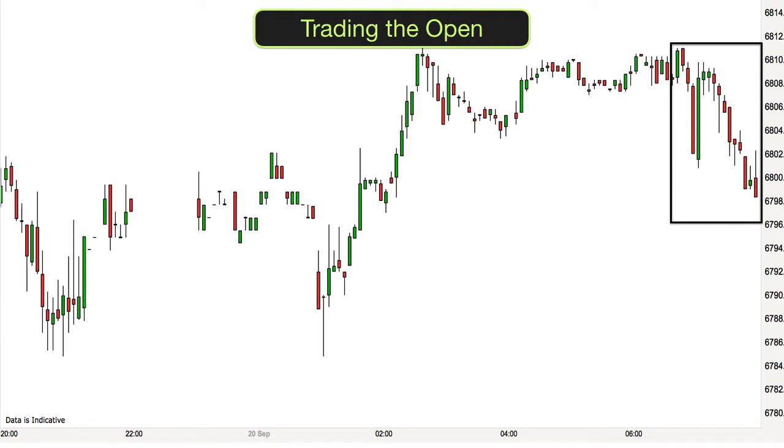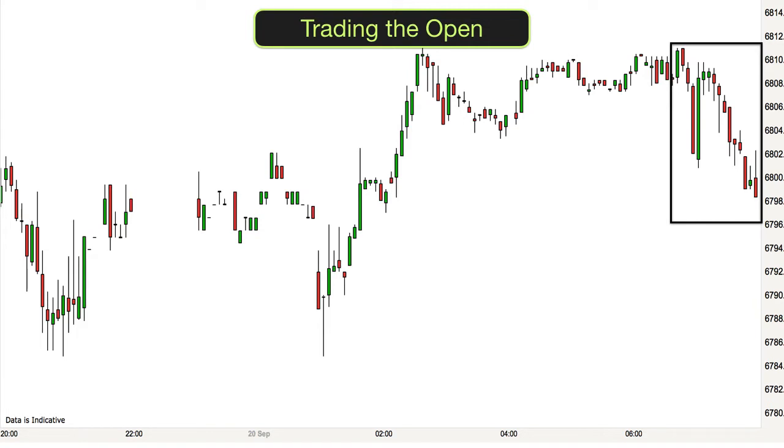If we look further back, we can actually see that in fact the price has been trading within a range, and that's the range that you can see on the screen, and it's actually been bullish from the early hours from 1 o'clock in the morning and then bearish since 6 AM. So currently the market's sitting about in the middle of the range. Price is currently in the middle of the right hand side of the chart.